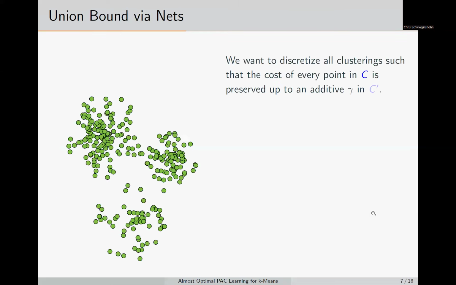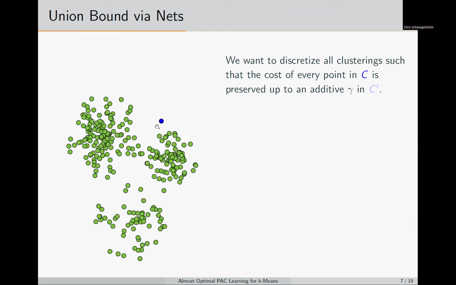Okay. So when trying to apply a union bound, the first thing that we can note is that there are infinitely many solutions, so a naive union bound will not work. We cannot just enumerate all possible candidate choices of centers. We have to somehow find a more efficient way of counting them. One efficient way of doing this is by discretizing candidate solutions.